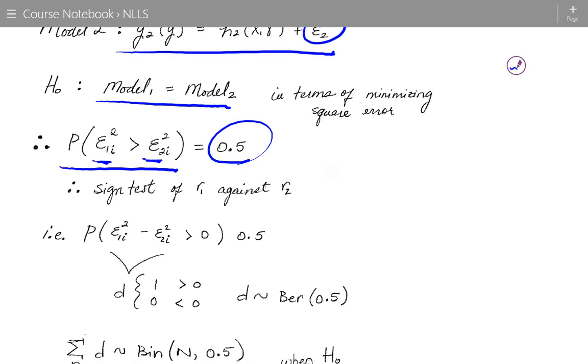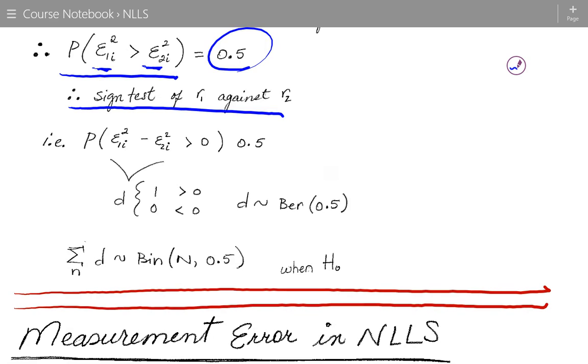And so we simply do a sign test of these squared errors. You take essentially the probability that the squared error from the one model minus the squared error of the second model is greater than 0, at 0.5 as an underlying hypothesis that they're equal to each other. If you define a dummy variable as 1 if in fact it's greater than 0, and 0 if this difference is less than 0, then this variable, 0 or 1, is Bernoulli 0.5.